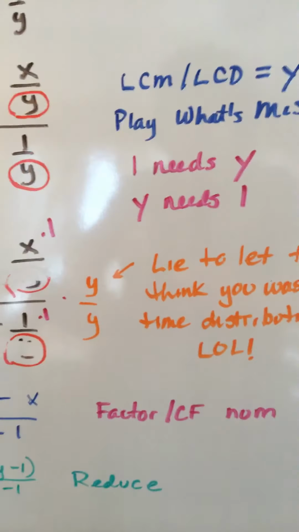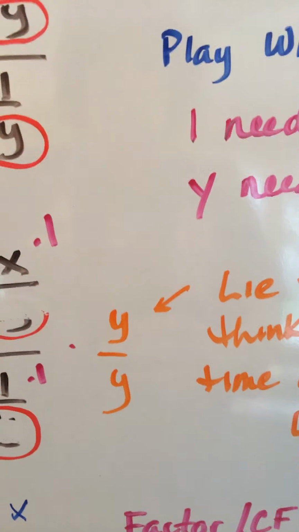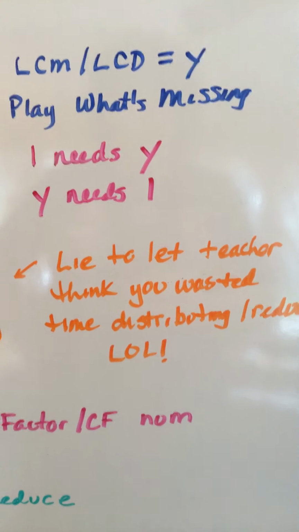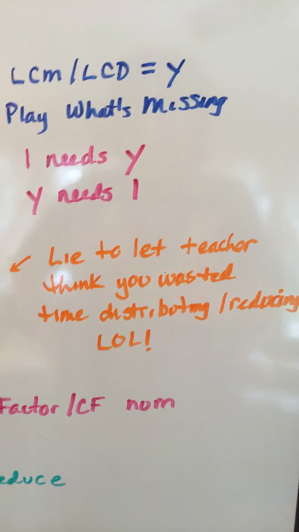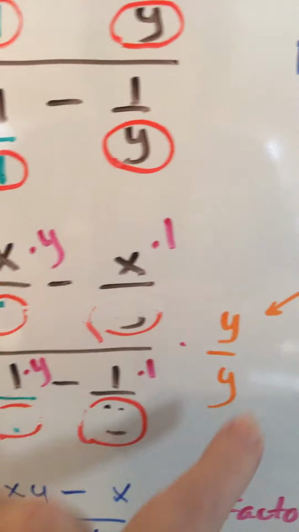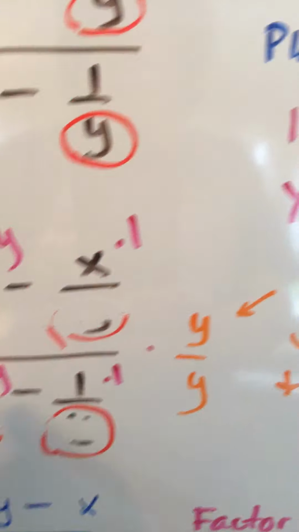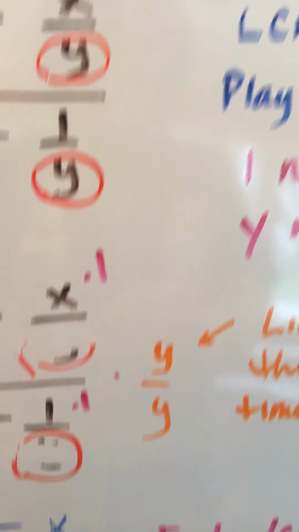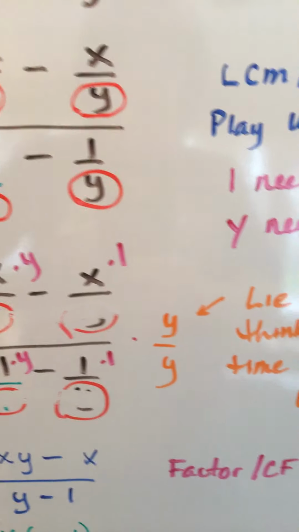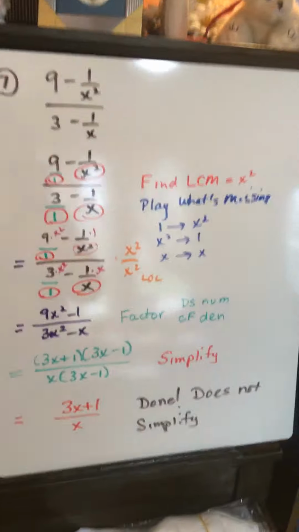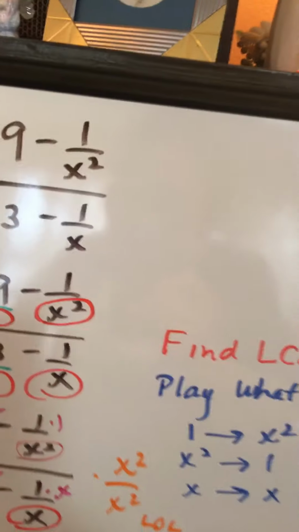Now remember, for other teachers, you need to show y over y. You need to lie to let teachers think that you actually distributed and reduced, that you actually went y times this, then canceled, y times this and canceled, and so on. I know you're not going to do that. You're going to be a bum like your teacher.